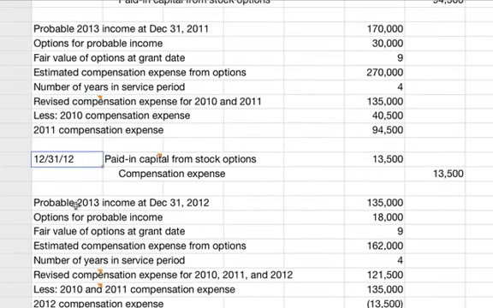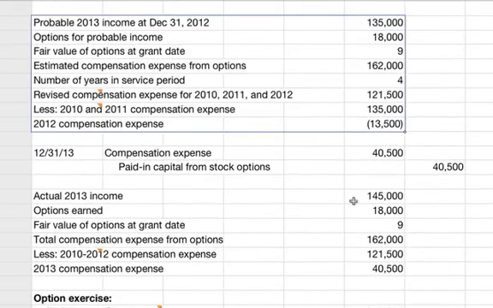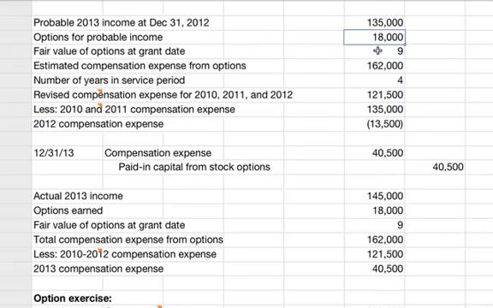The reason is right here. The probable 2013 income as of December 31st, 2012 is 135. That would take our options back down to 18,000. Each one's $9, so it's 162,000, with 4 years in the service period.